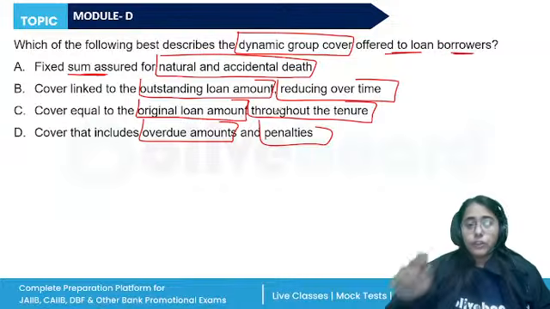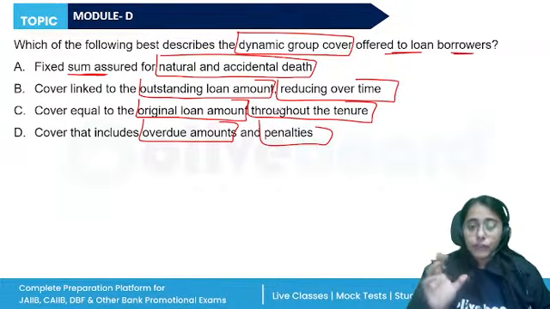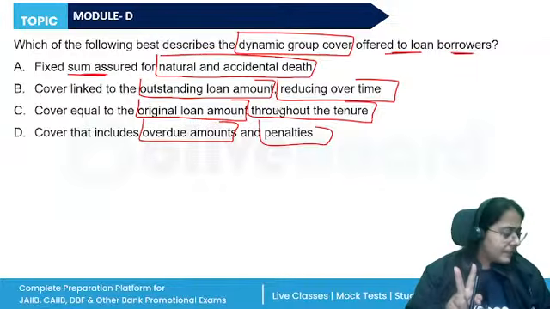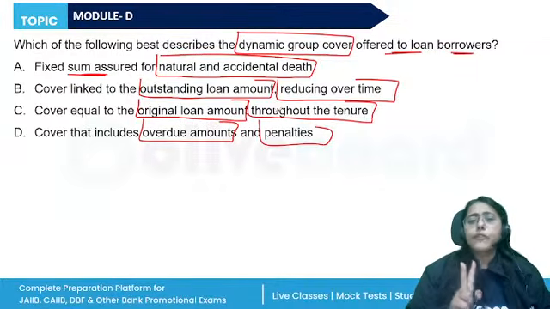What should be correct? Group insurance products are offered for identified groups that are homogeneous, right? Different group insurance covers to their customers as a value addition is also offered by the bank. Banks have different savings account holders, current account holders, loan borrowers, term deposit, recurring deposit holders. There are two types of group covers.